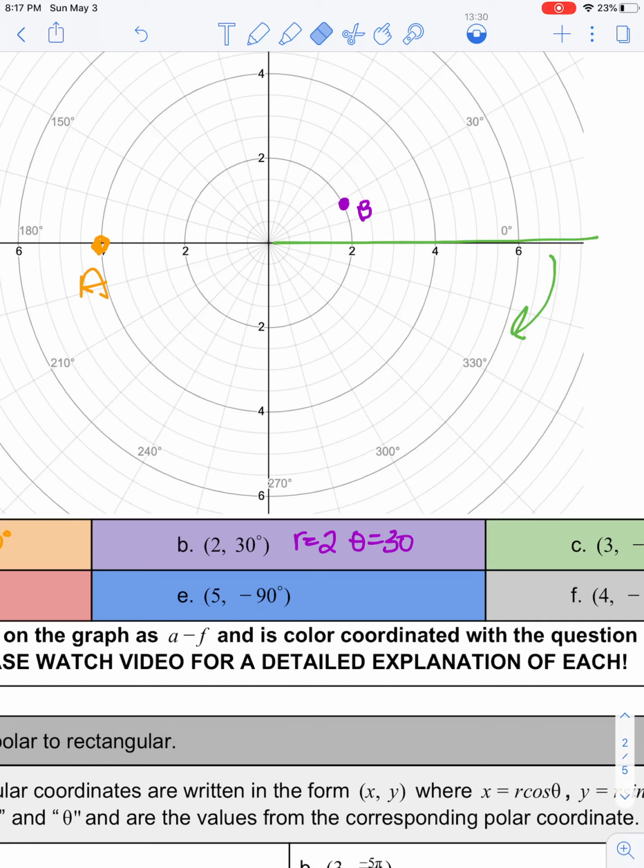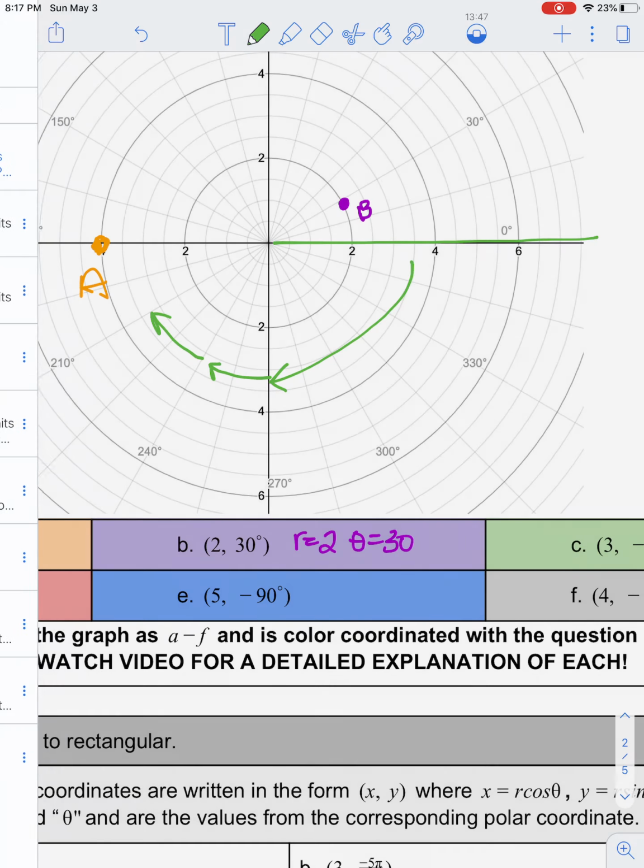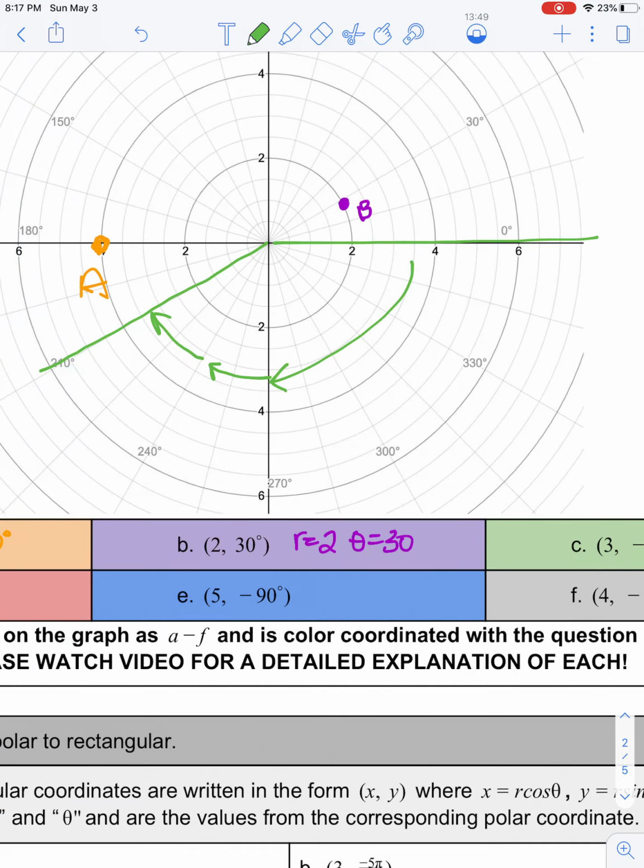So I know that a quarter of the circle is 90 degrees. I need to go 60 degrees more, okay? So here's 30 more degrees, an additional 30 degrees here takes us to the radial line of 210 degrees. And we're told that we need to build that point 3 units out from the origin. So point C is right there.